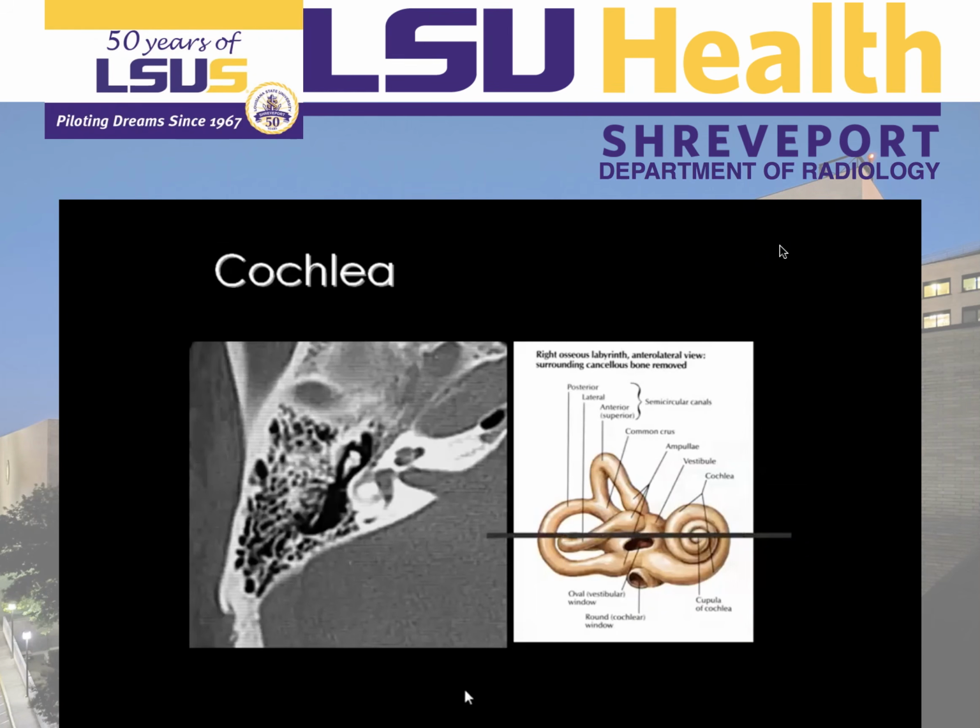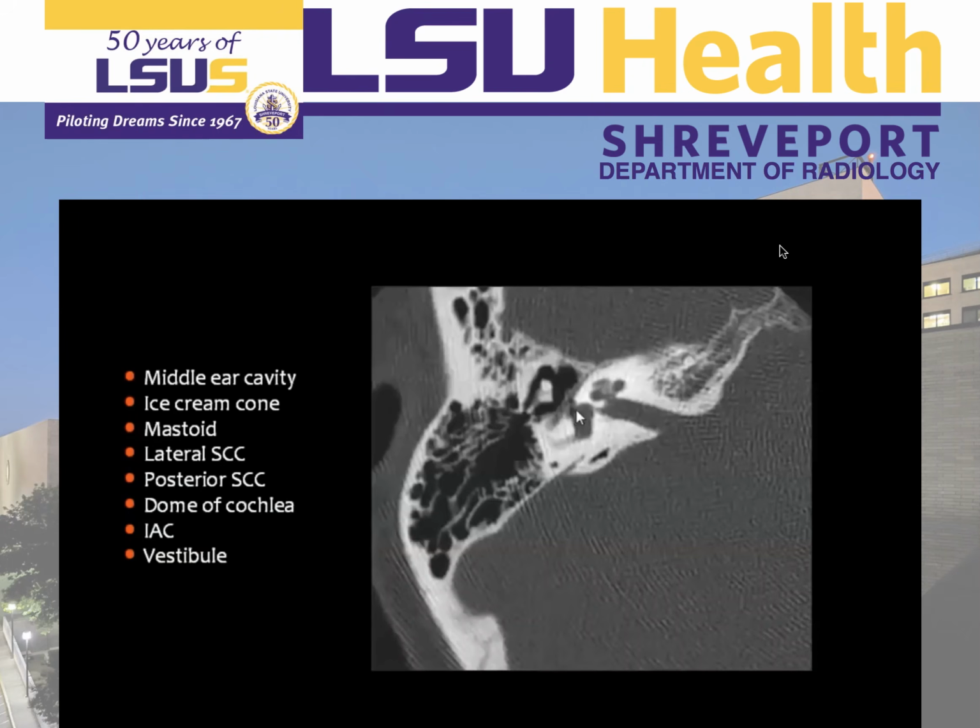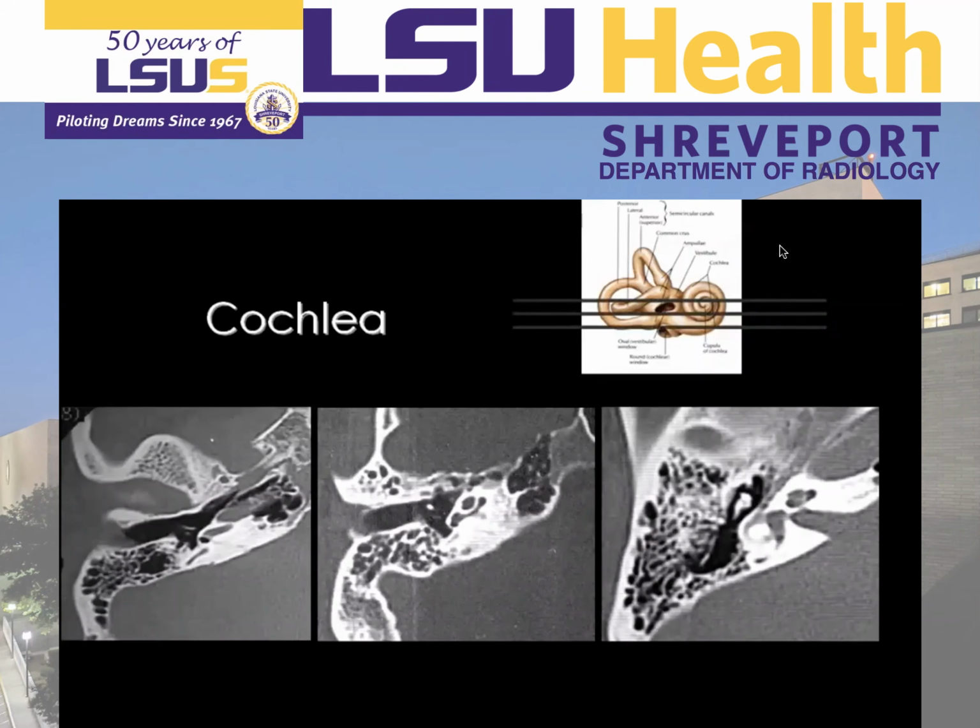So again, the cochlea is basically at the same level as the lateral semicircular canal. That's because we use the lateral semicircular canal like our guide star. And this is the cochlea. These are the 3 cuts showing the entire cochlea.